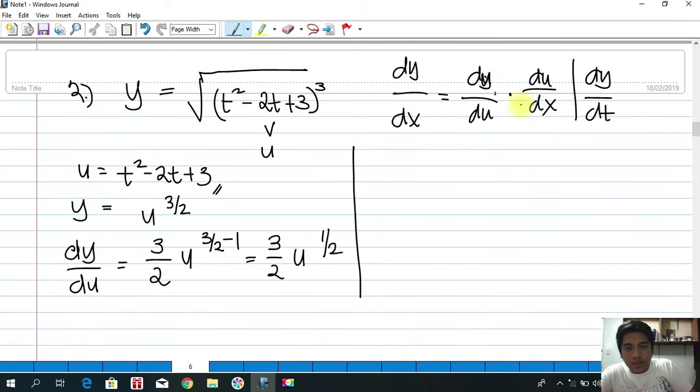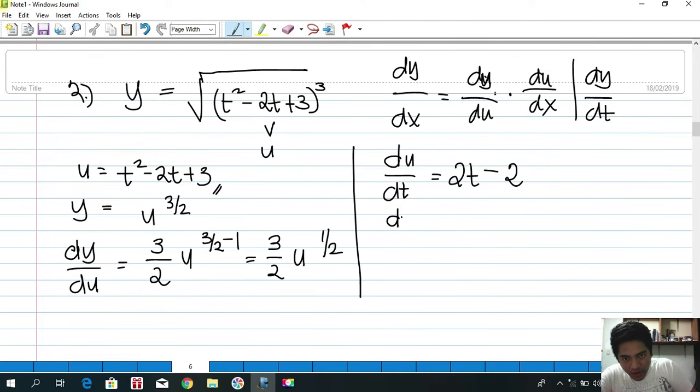The same rule still applies. So we have the derivative of u with respect to t. The derivative of t squared is 2t, the derivative of minus 2t is simply minus 2, and the derivative of 3 is simply 0. So we have du over dt equals 2t minus 2.